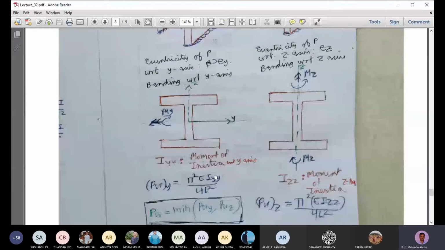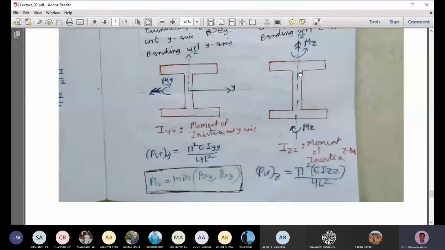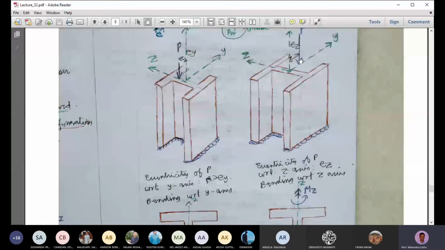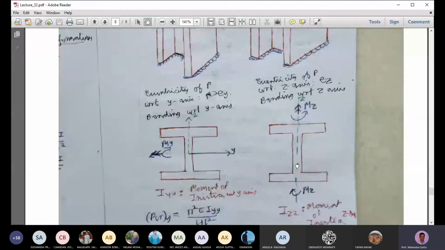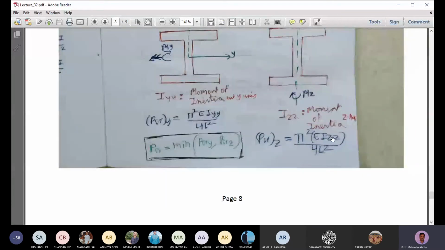And for this column, where bending action is with respect to the z-axis, we have pi square E Izz by 4L square. For design, we have to choose the critical load for buckling, and that value will be the minimum of these two. The smaller of these two values will be taken as the critical buckling load.